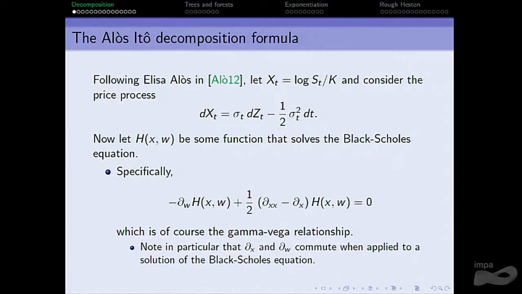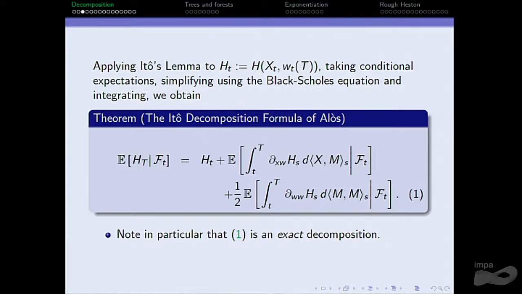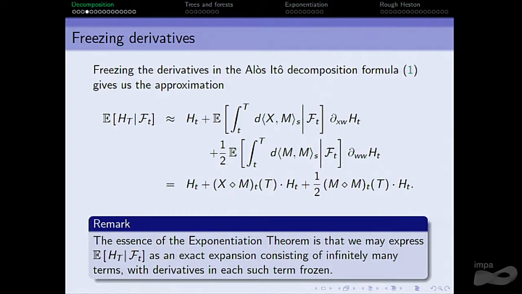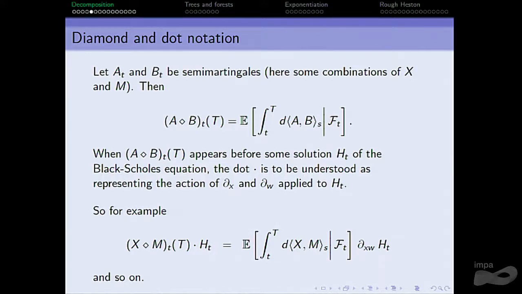We can see immediately that when H is a solution of the Black-Scholes equation, differentiation with respect to W and differentiation with respect to X commute. So we have no problem with non-commutativity, and we can order them in any way we like.